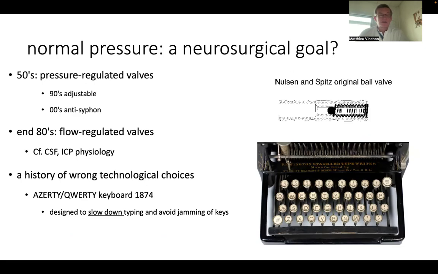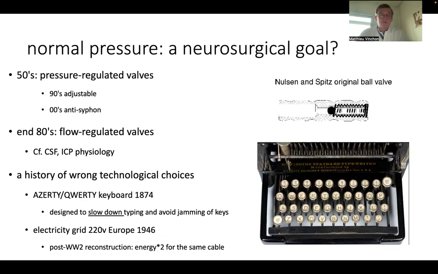Another striking example is the reconstruction of the electricity grid after World War II in Europe with 220 volts, because it allowed carrying twice as much energy with the same cable. But because of the high voltage, people continue to die of electrocution every year.